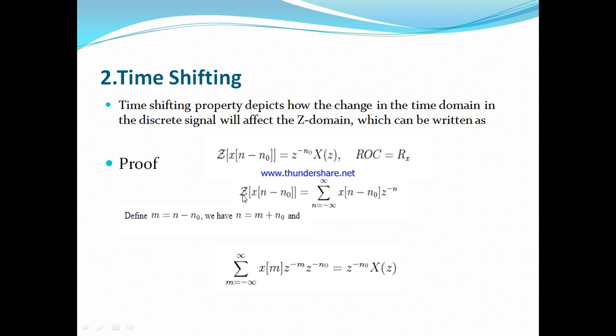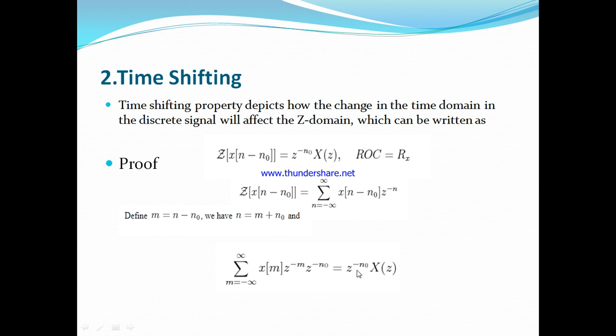So we are going to see the proof. Here the Z transform of x of n minus n naught equals sigma n equal to minus infinity to infinity x of n minus n naught into z power minus n. Here we take m equal to n minus n naught, so from this n equals m plus n naught. So sigma m equal to minus infinity to infinity x of m z power minus m into z power minus n naught.